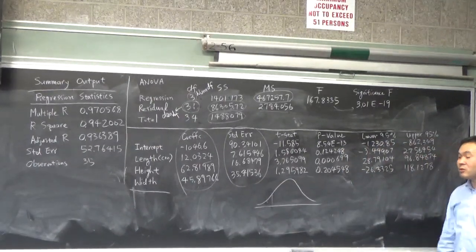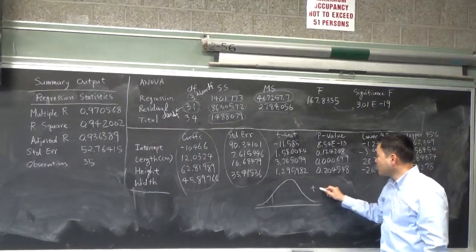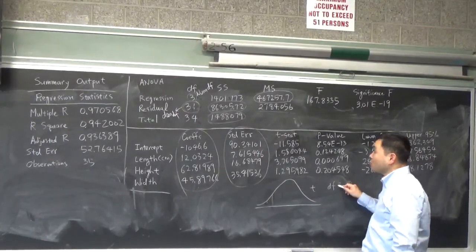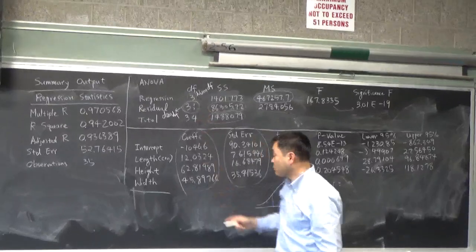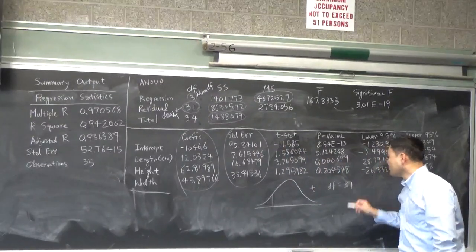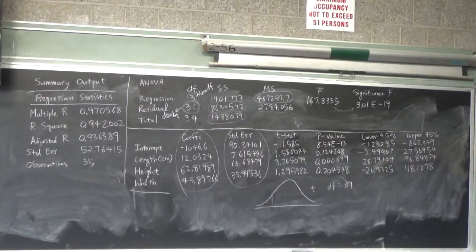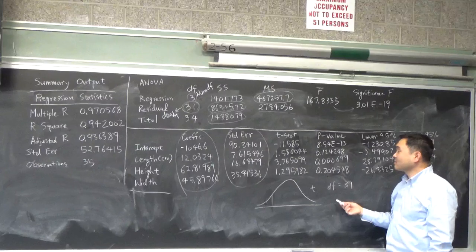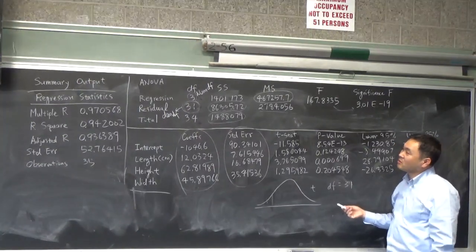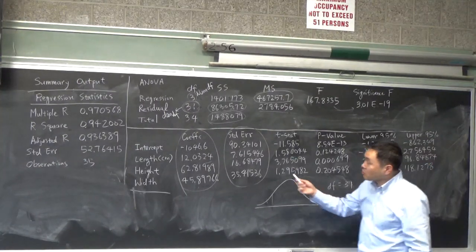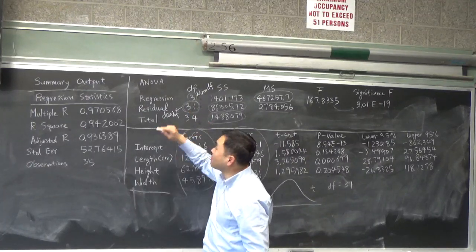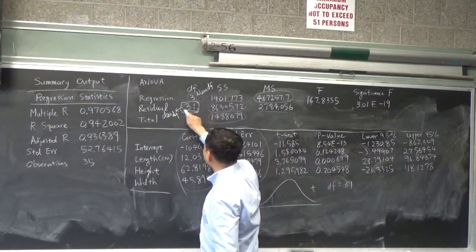So what you do is you go to the t curve, the t distribution, with the degrees of freedom, which is the residual one. So it's 31, so we use 31. Don't ask me why, I forgot the reason. Why should it be this one? In general, when you talk about the degrees of freedom of the regression, this is what we talk about.